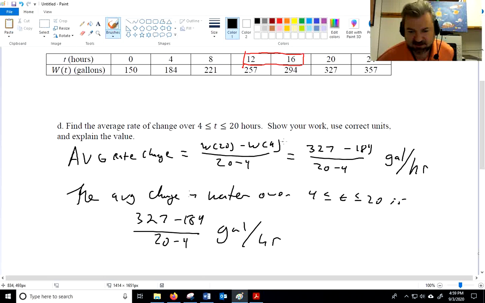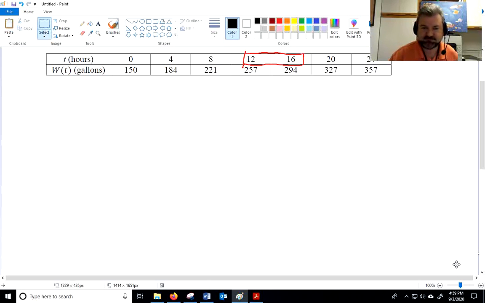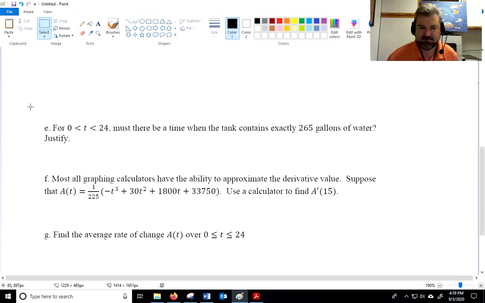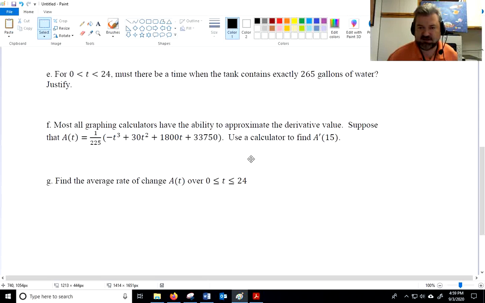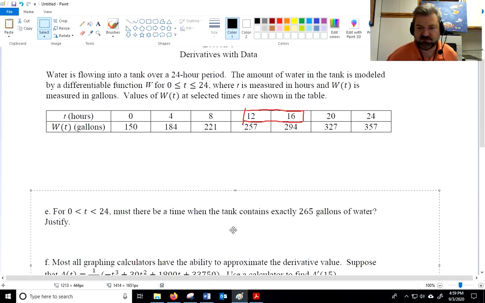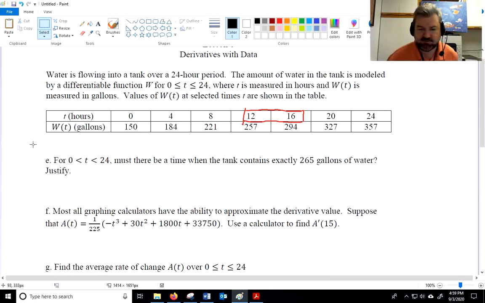I probably wouldn't have had to write that expression if I just said, this is the average rate of change in water. Sorry, that's so hard to read. The average change in water over that time period. Okay, so let's try another one. Let me get rid of this now. All right, so you try E, and then we will discuss our answers.